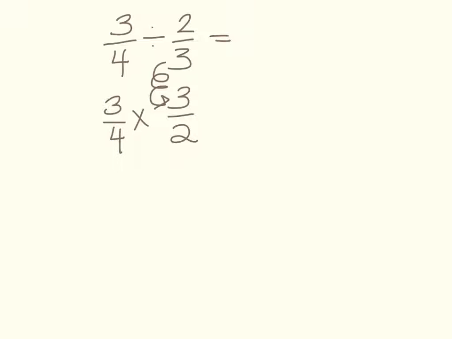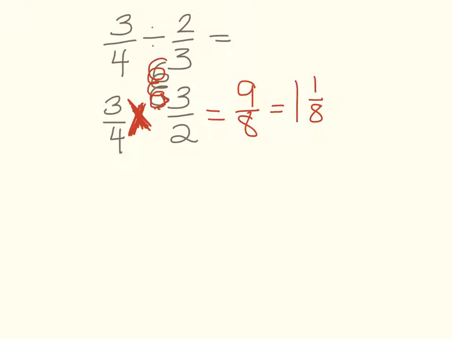And then I'm going to multiply. To divide a fraction, flip the second and multiply, and I would end up with 3 times 3 is 9, 4 times 2 is 8. Improper fraction. 8 goes into 9 once with 1 left over. To divide a fraction, flip the second, which we did right here, and then multiply.